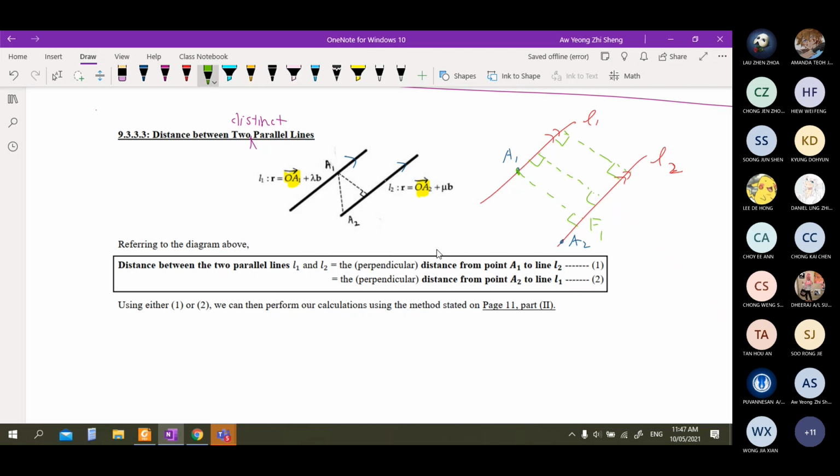Okay. So this is equivalent to distance from point to line. It's just the distance from point A1 to line L2. And equivalently, I can also regard it this way.